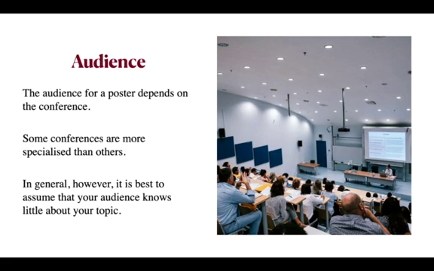There is no one right audience to target in a poster. Rather, the correct audience will vary with the conference. Some conferences are primarily for experts. Others, such as the National Meeting of the American Chemical Society, attract a wide range of individuals, from high school teachers and undergraduate students to research professors and other people that are interested in chemistry.